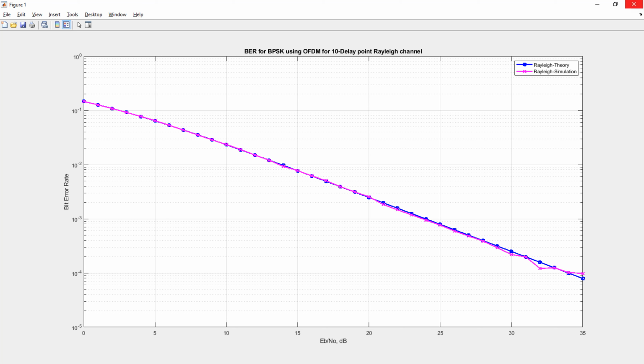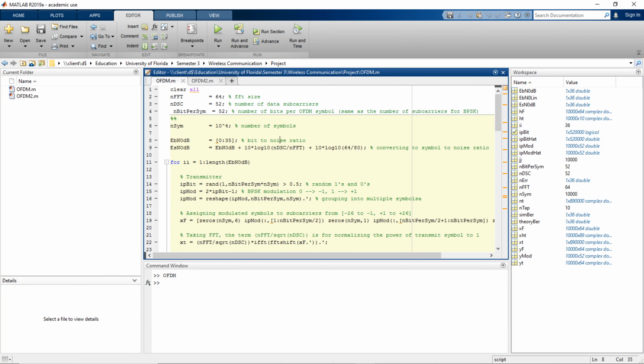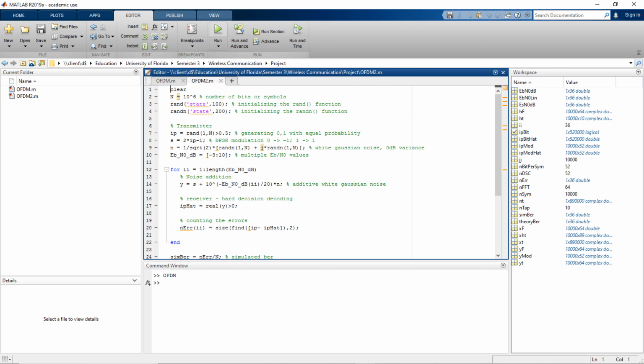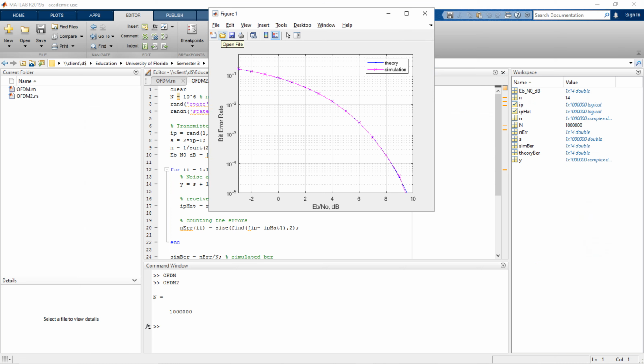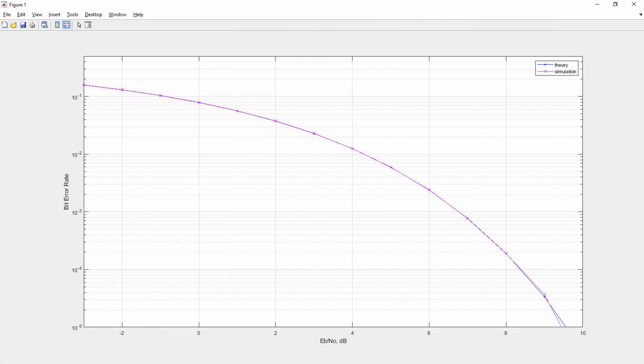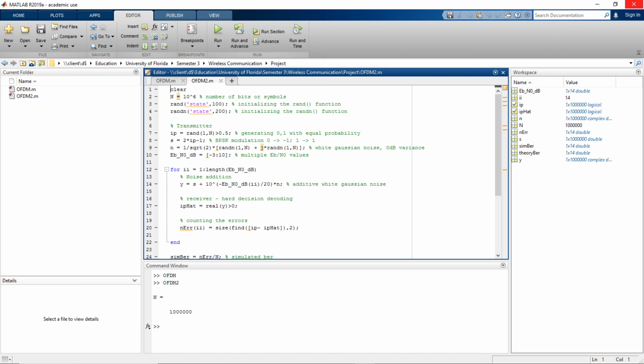So this is for the Rayleigh multipath channel, and for the additive white Gaussian noise, even here we could see that it does fit, in the sense that the values used in the simulation and the theoretical values match. Hence we could say that the simulations were successful.